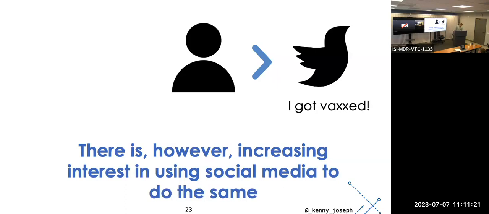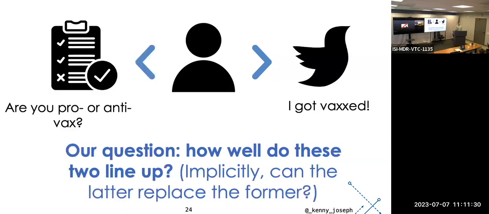I think we have moved past that idea of replacement. But what we really wanted to look at is, at the individual level, how do these two things compare? Is it true that we can get a proxy of survey attitudes using someone's tweets?